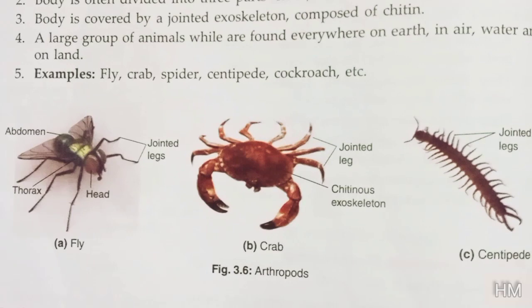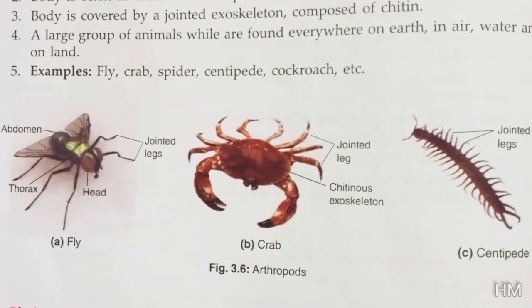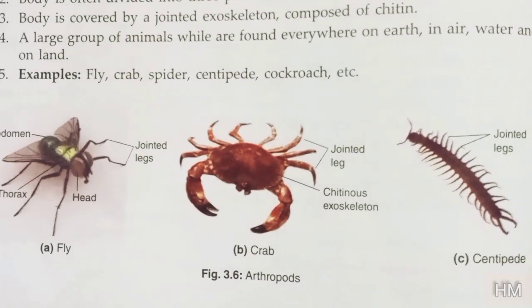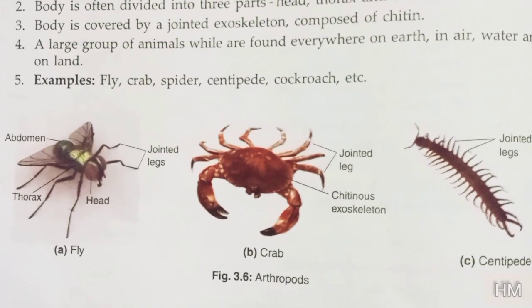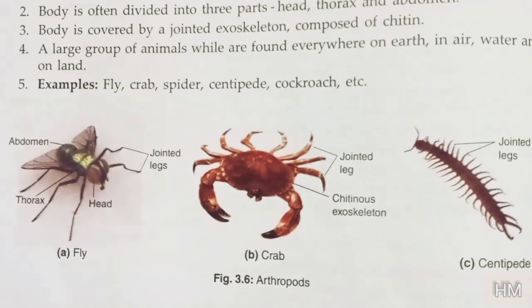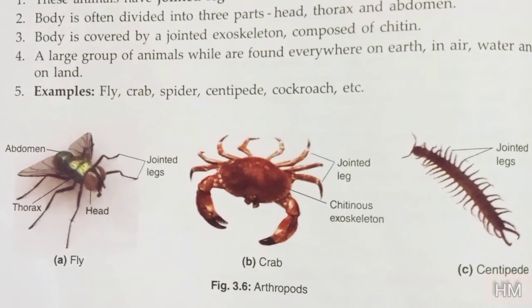It is a large group of animals found everywhere on the earth, in air, water and on land. That means they are adapted to live in the whole biosphere. Examples given are fly, crabs and centipedes. Cockroaches etc. are other examples.